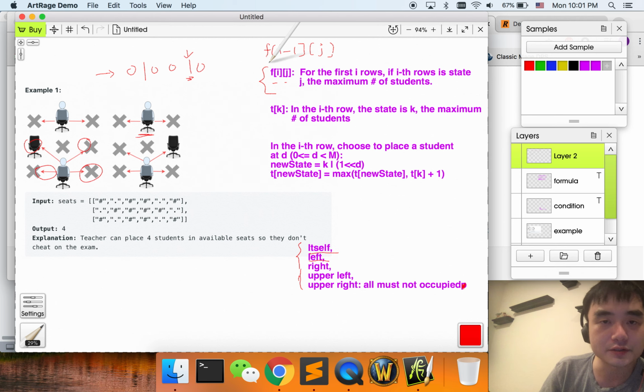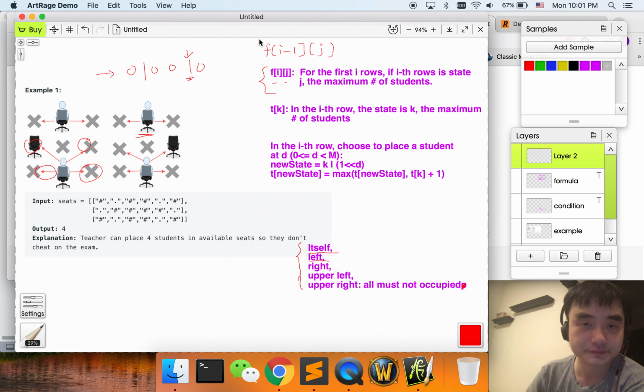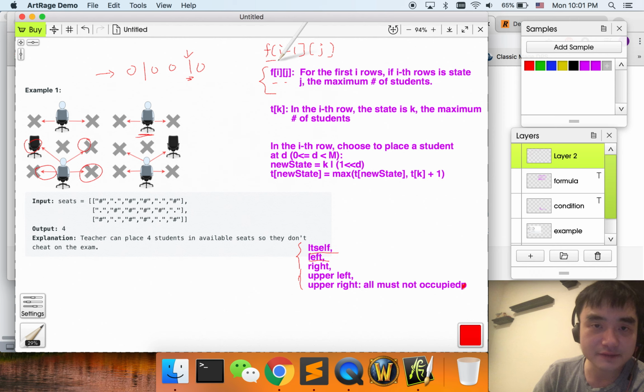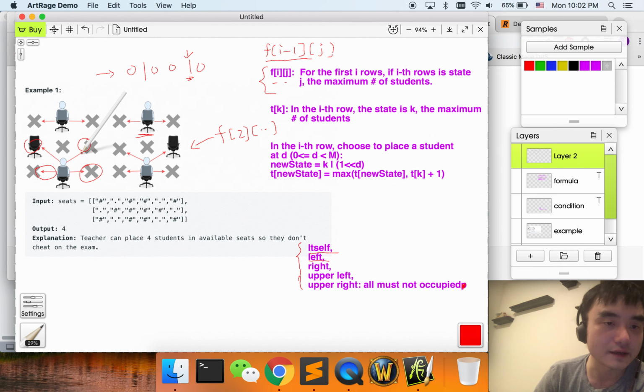So we are going to have a for loop for I. I minus 1 is always calculated before Fi, right? So if these values are already calculated, we can iterate each of the values. Let's say we are going to calculate F2, all of the F2 values in this row.